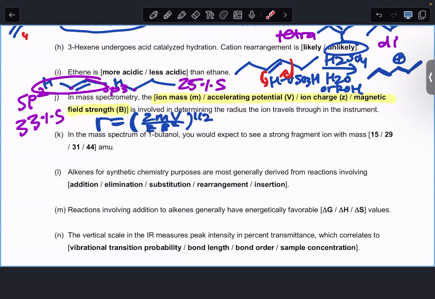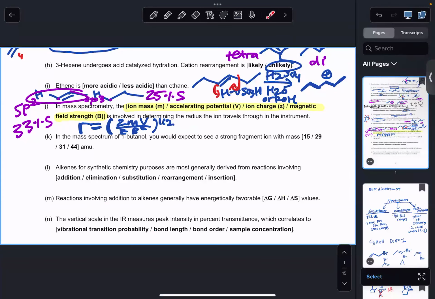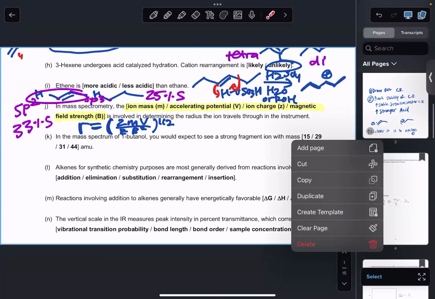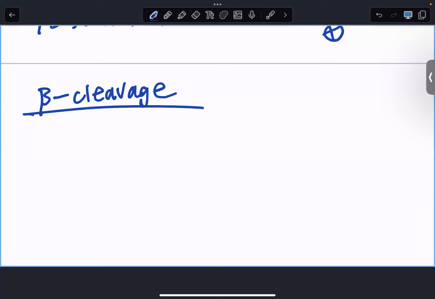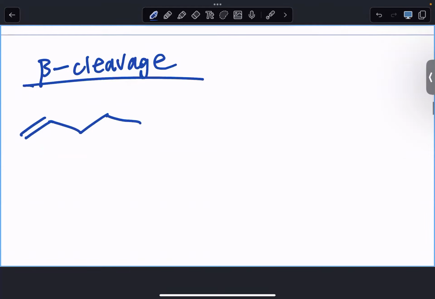Okay. So now let's go over mass spectrometry alpha cleavage versus beta cleavage. Let's go over beta cleavage first. Let's say we have this kind of alkene here.